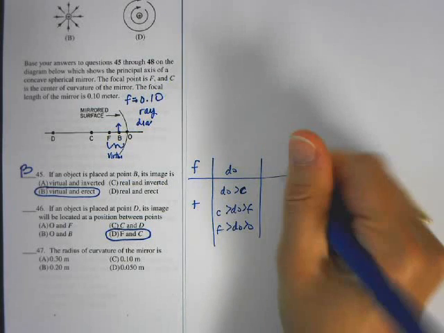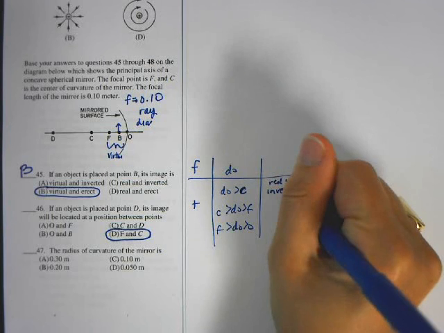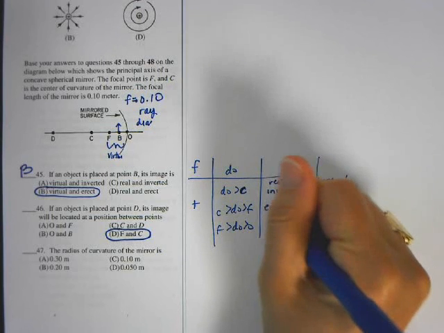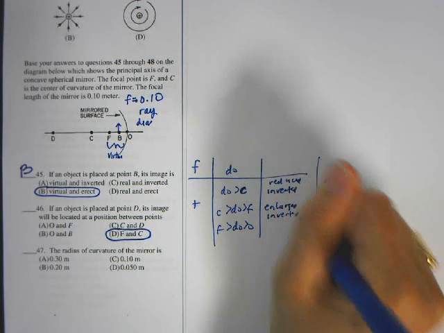This one is going to be reduced and inverted. This one's going to be enlarged and inverted. And then this one's going to be enlarged.